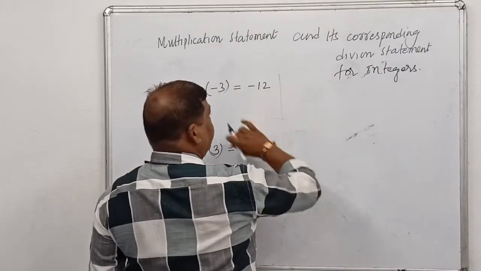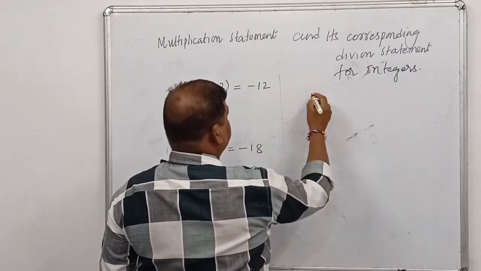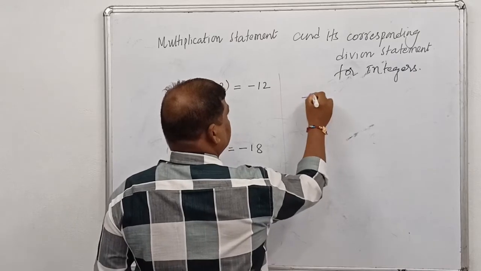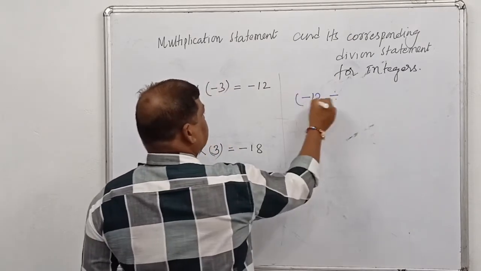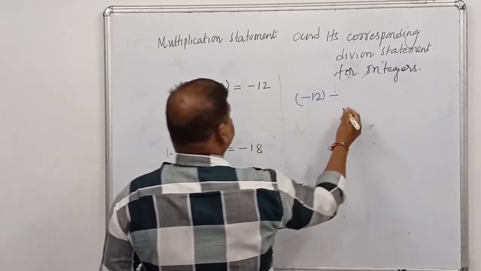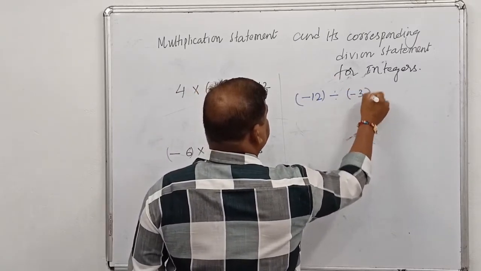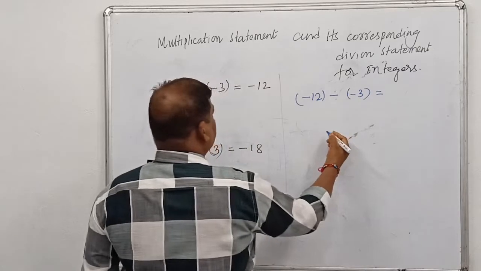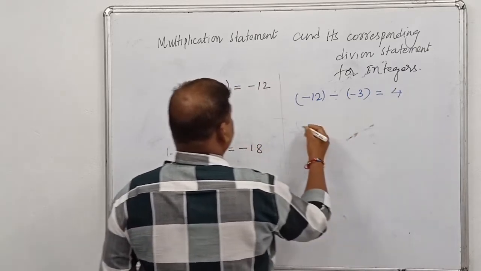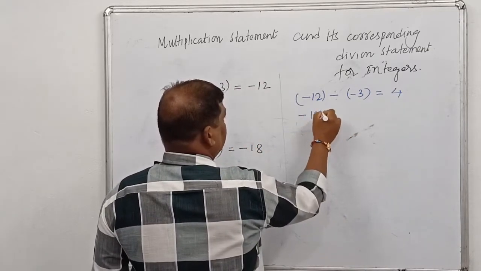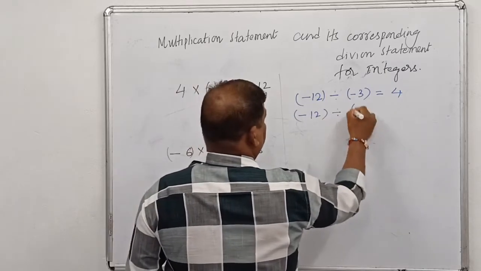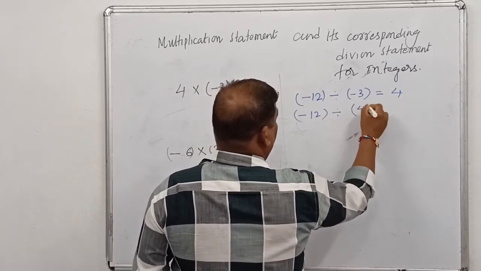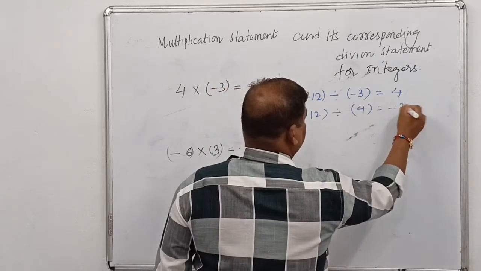For the first statement we can write in division statement: minus 12 divided by minus 3 gives 4. Then minus 12, a negative integer, divided by 4 is equal to minus 3.